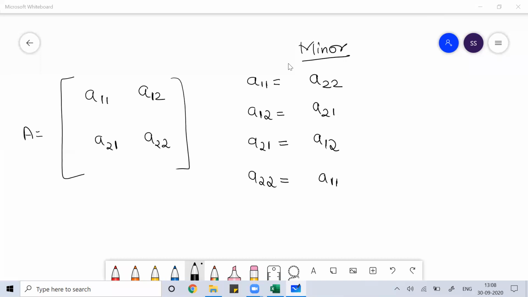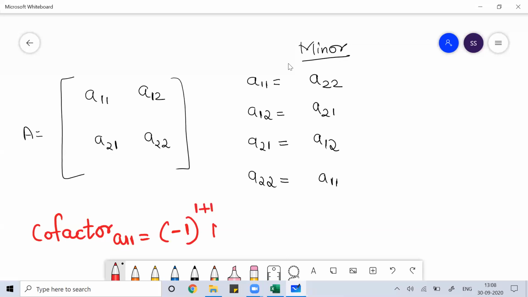Once you have understood the concept of minor, what is the formula of cofactor? The cofactor of a11 is minus 1 to the power 1 plus 1 into the minor of a11.